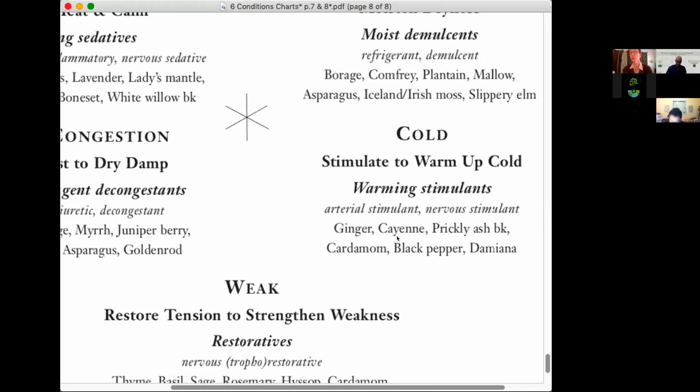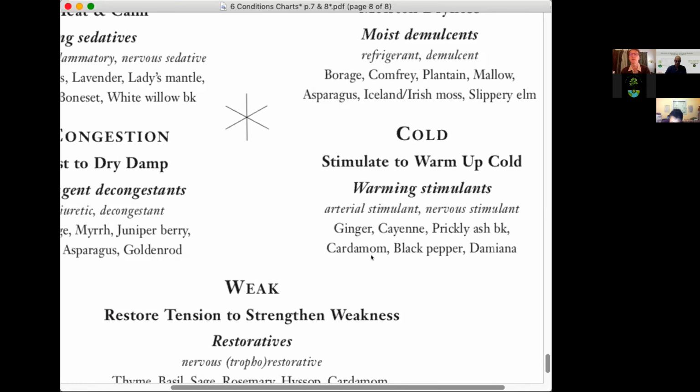Cayenne or chili pepper is another classic. Prickly ash bark, also used a lot in England. It's a North American tree, that's prickly ash. By the way, there's also a Chinese prickly ash, but they use the berry more often than the bark. Prickly ash berry from China can be used.